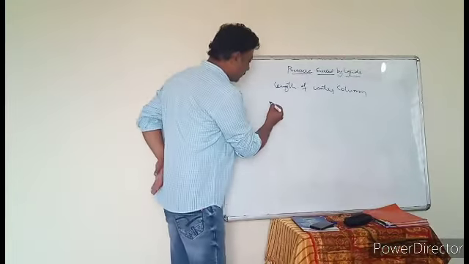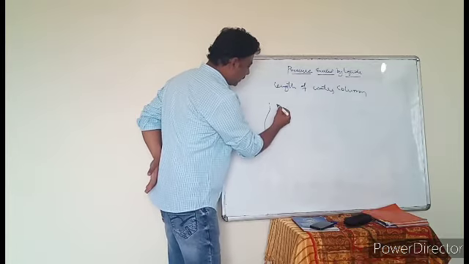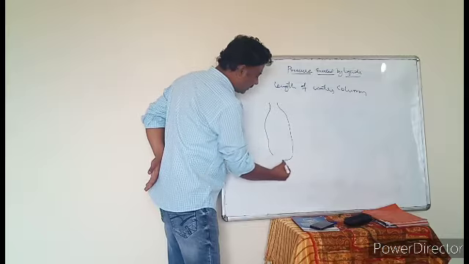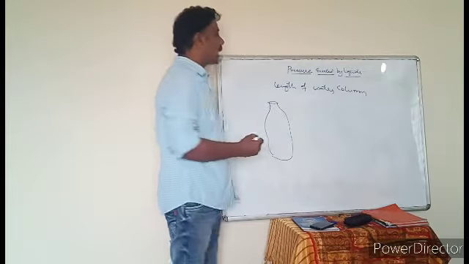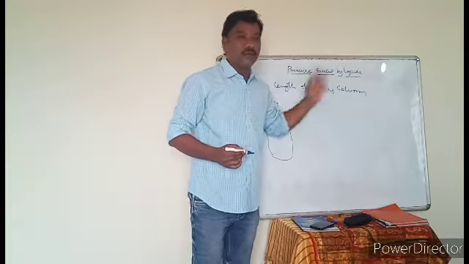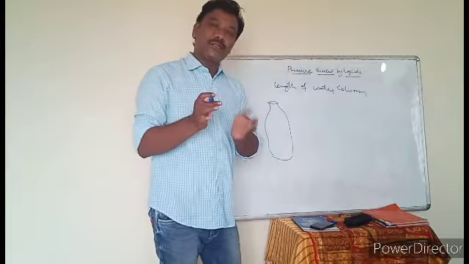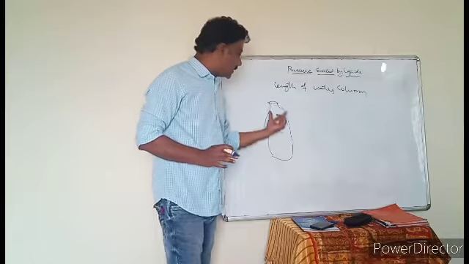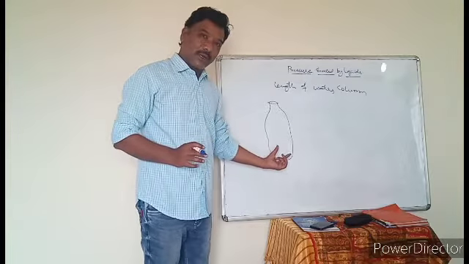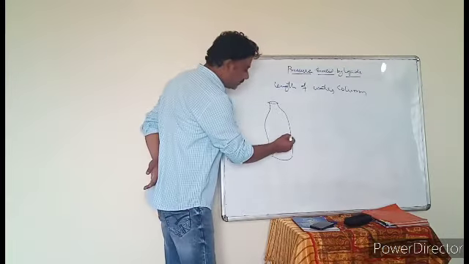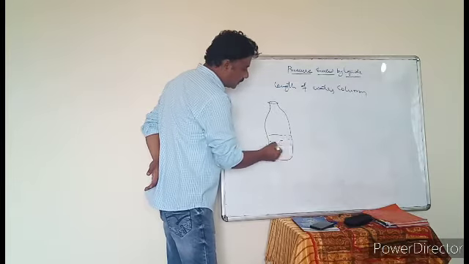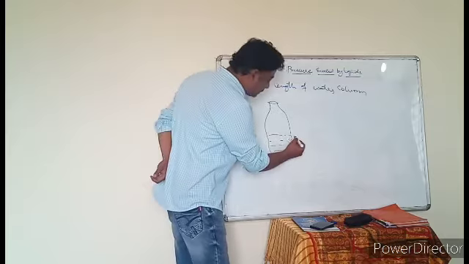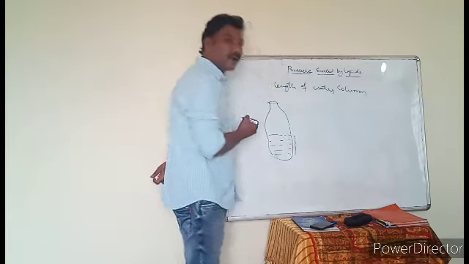Now let us see. For example, if we take a water bottle, this is the container. We know very well that liquids do not have a proper shape or volume. Liquids take the shape of the container. Here I am taking a water bottle. Now see here, if I fill the water up to here, this is called the water column.